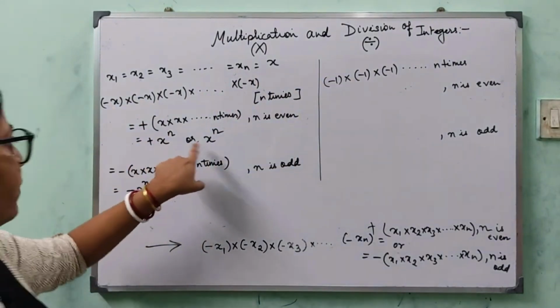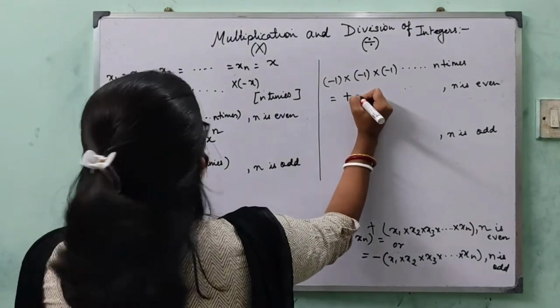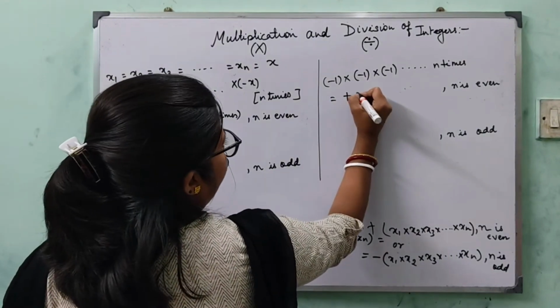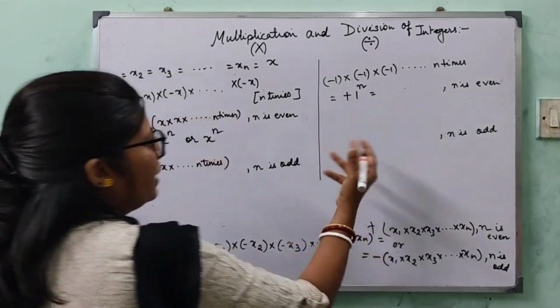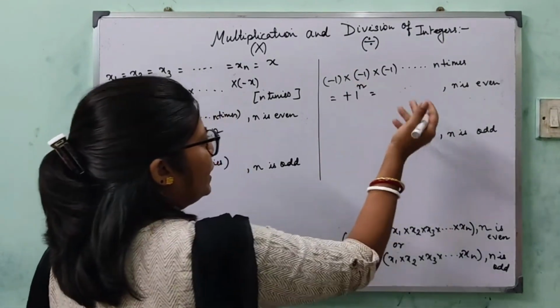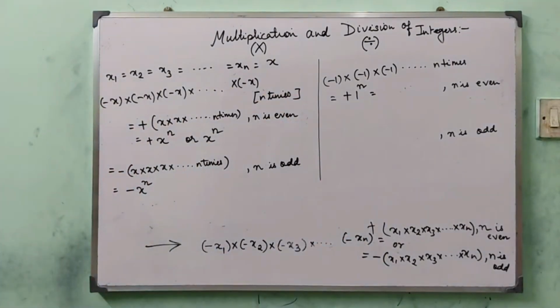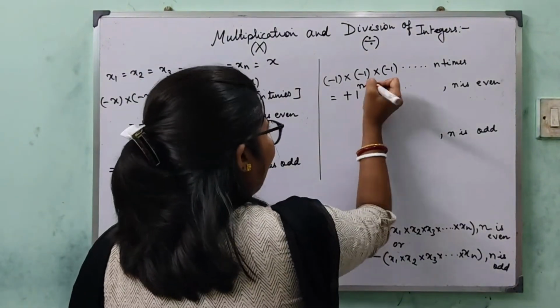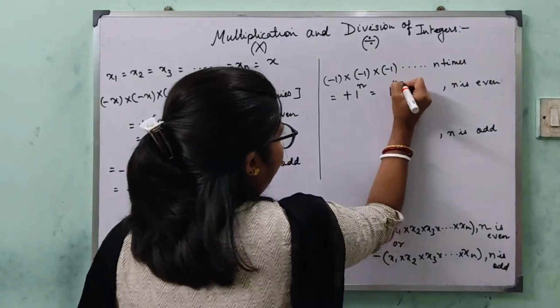If n is even, it becomes positive x to the power n. So here what is x? It is 1 to the power n. And what is 1 to the power n? 1 to the power anything is 1. 1 multiplied 1000 times, 100 times, any number of times to itself is 1.